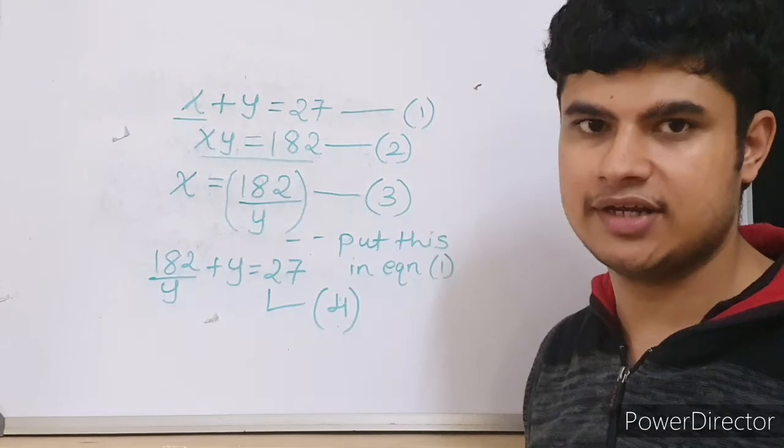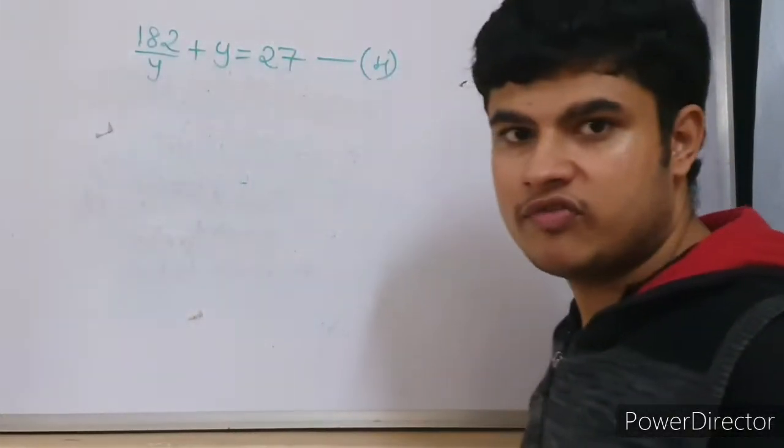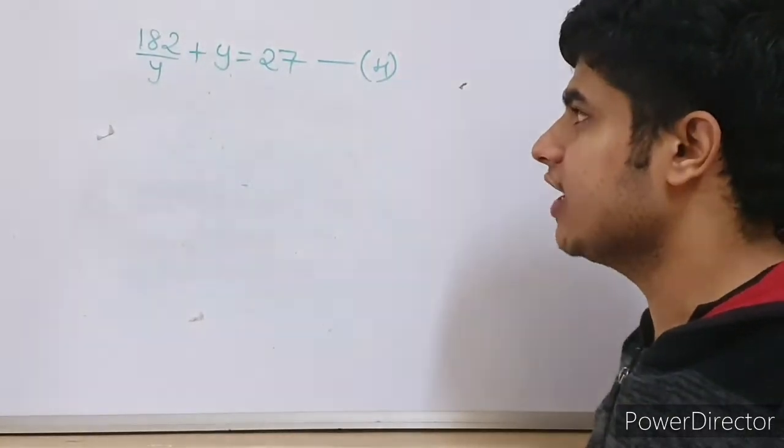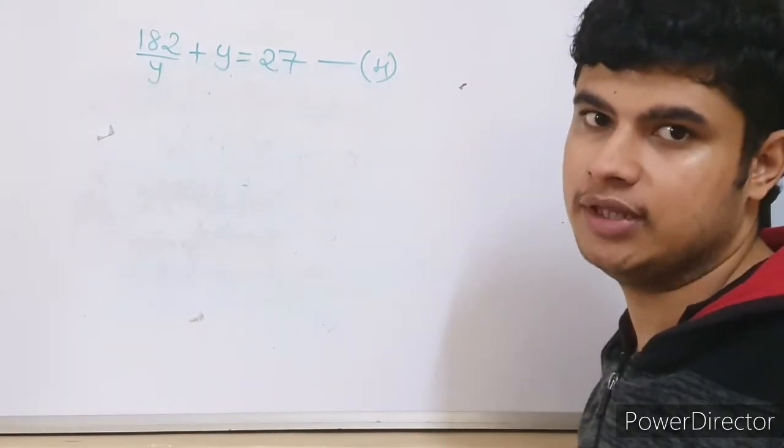I hope my steps are clear till here. So we have got this equation: 182/y + y = 27.